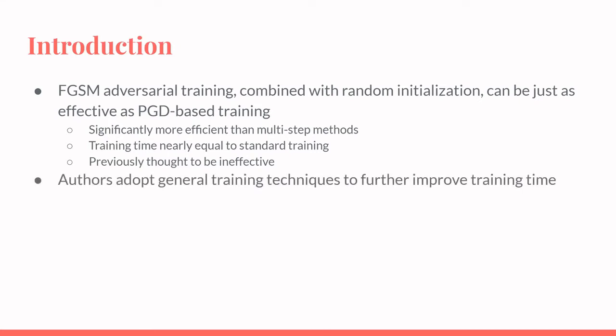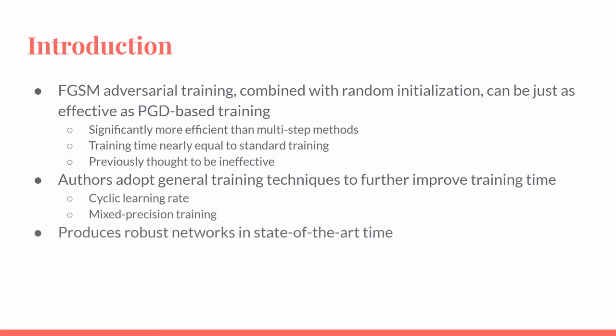Authors also adopt general training strategies to further improve their adversarial training time. Specifically, they leverage a cyclical learning rate and also mixed precision training. The combination of their FGSM-based adversarial training method combined with these general training techniques produces robust networks in state-of-the-art time.